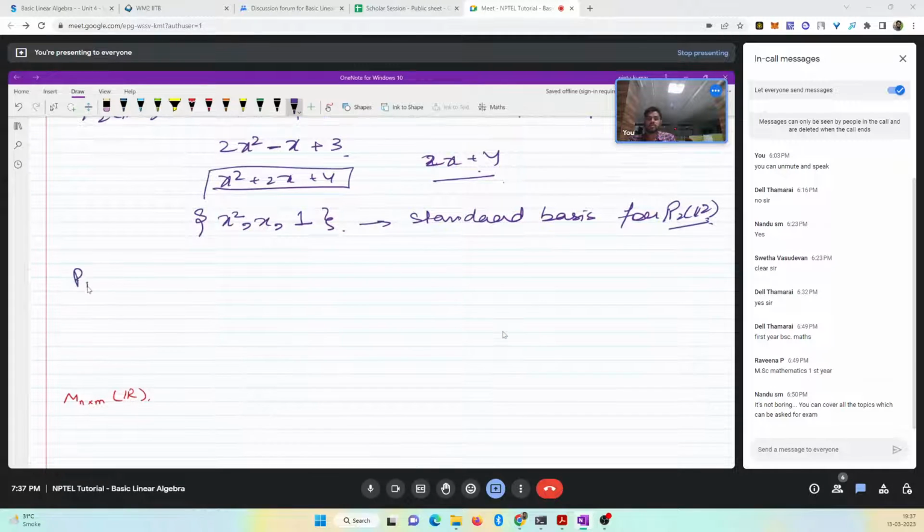Similarly for PnR, you can define the standard basis to be 1, x, x square, and so on till x to the power n.